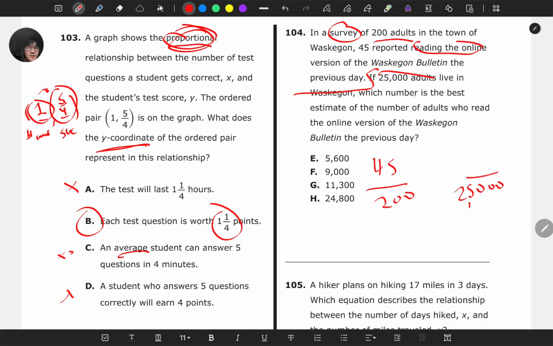Live in this. Now they're asking which number is the best estimate, or indicator, of the number of adults who read. The topic is statistics. In statistics they take samples for some kind of experiment, because in reality it's very difficult to survey every single person in a population. It's not feasible.